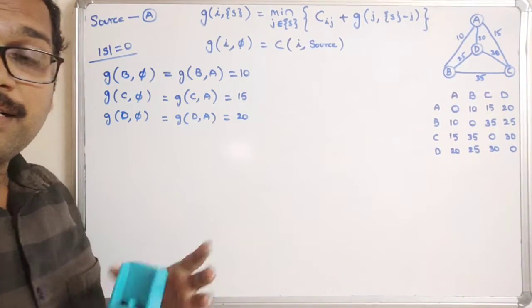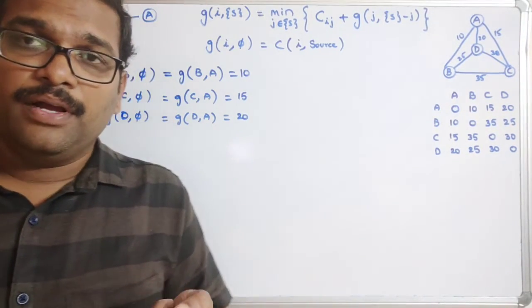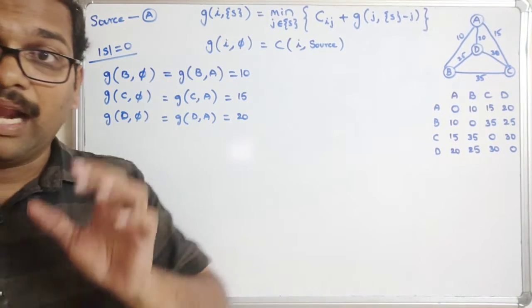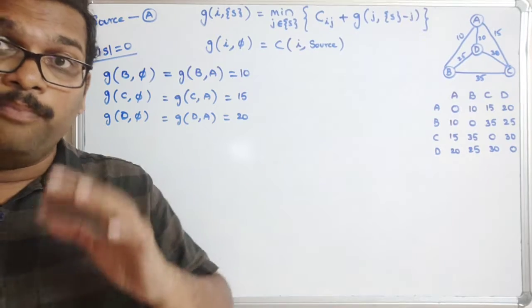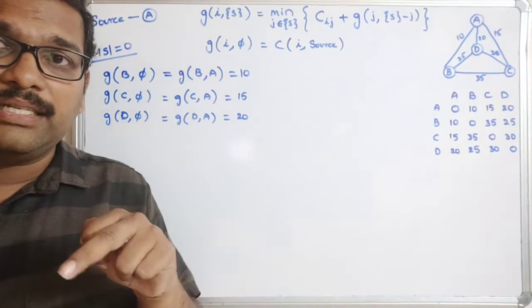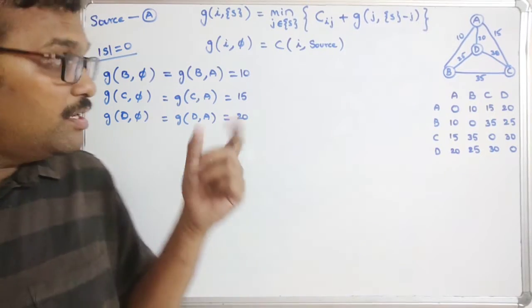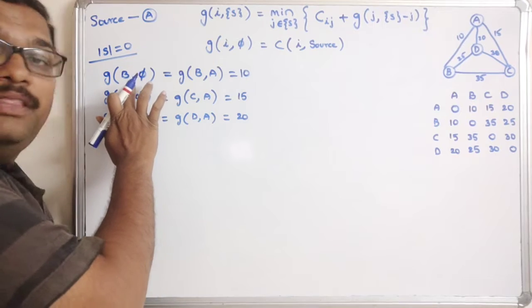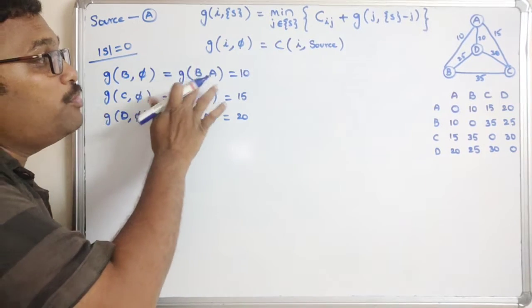Which means if the last vertex is B, obviously our statement says that we have to visit all the vertices and come back to source. So if the last vertex is B, then what is the edge from B to source?